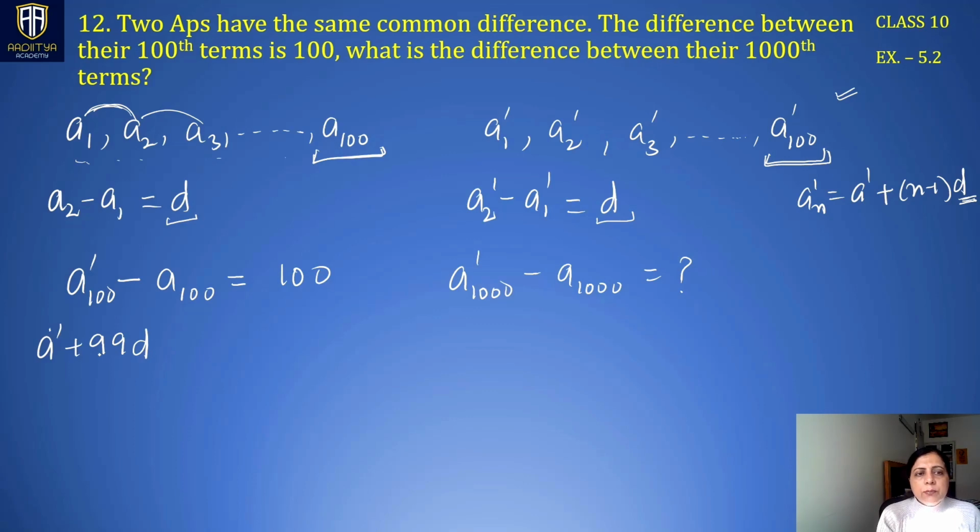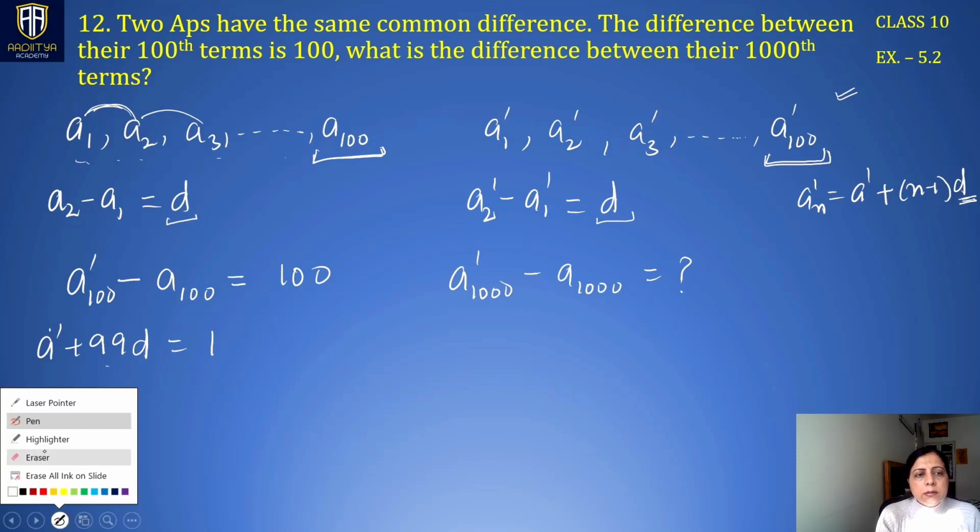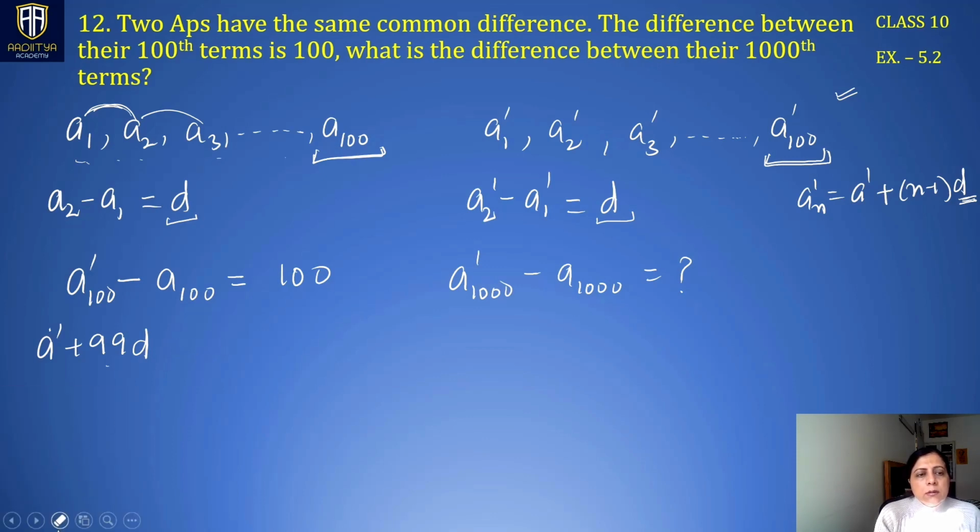So A' plus 99D is equal to, now this has to be written as A' plus 99D. A' 100 can be written as this.